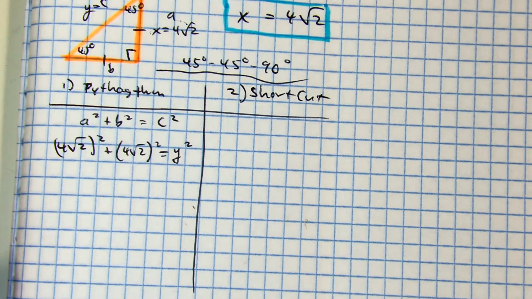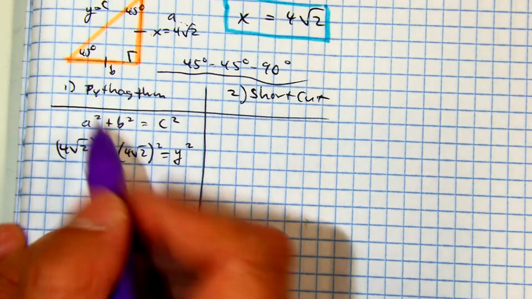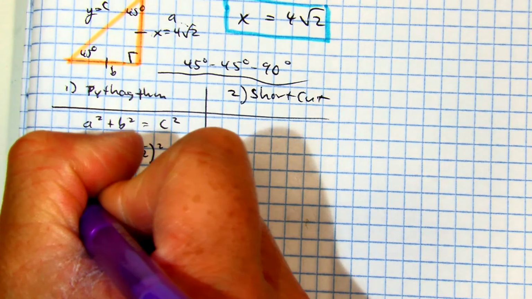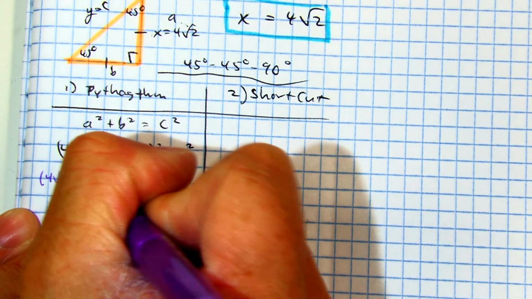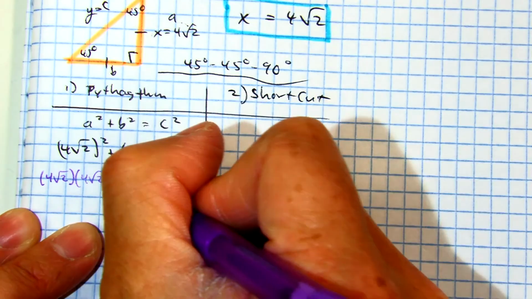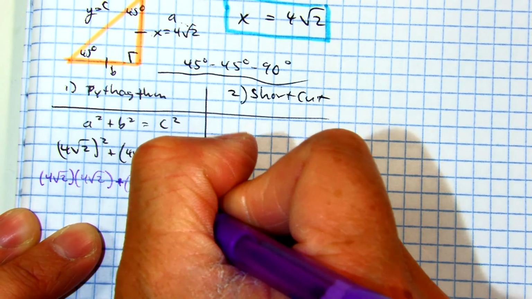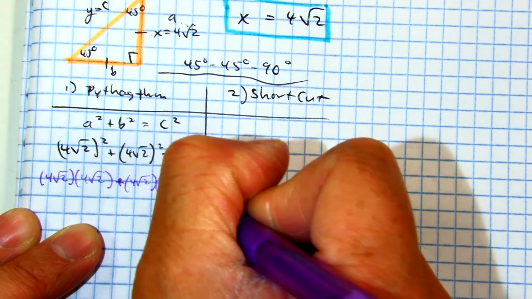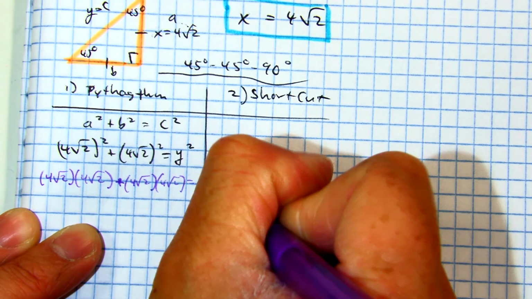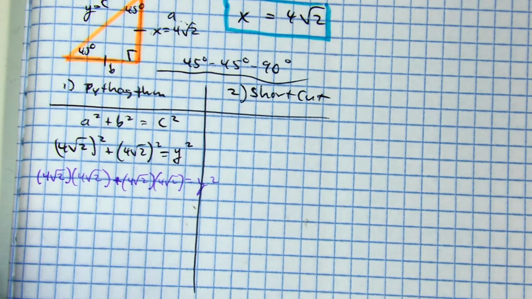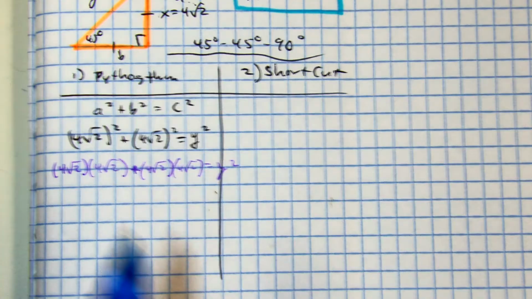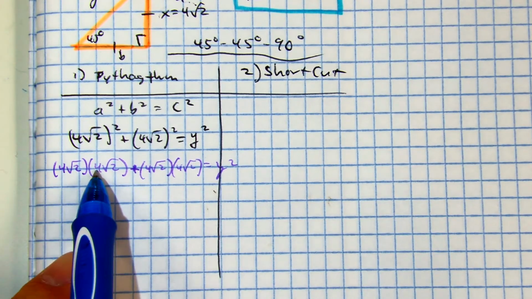Now you might be asking, what is 4 radical 2 squared? Well, that means you have two of those expressions. 4 radical 2 times 4 radical 2. And whatever my answer is over here will be the same thing over here, right? Nothing will change. I'm going to have to multiply the coefficients, the numbers in front.